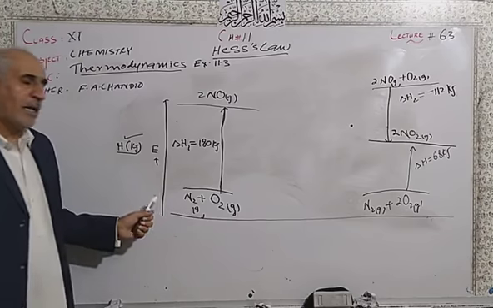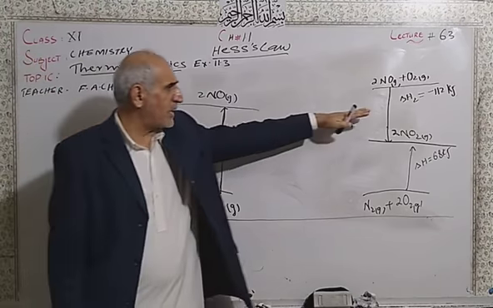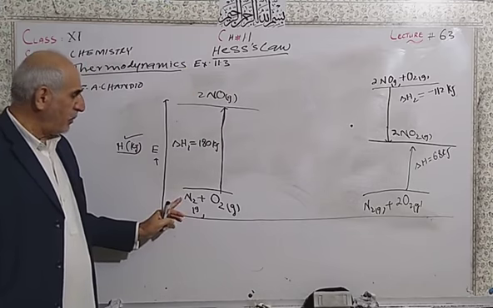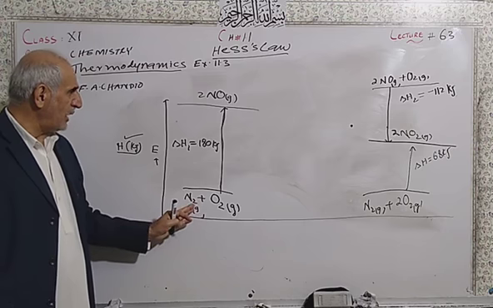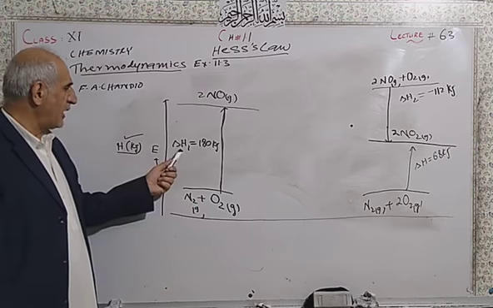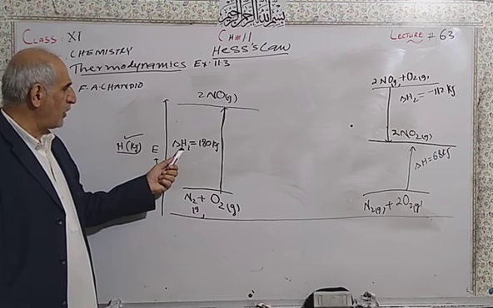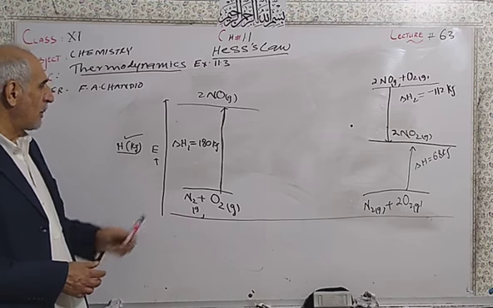Then this chemical reaction completes in 2 steps, this is the first step and this is the second step. In step 1, nitrogen gas plus oxygen gas, 1 mole each, form 2 moles of nitric oxide, and this is the change in enthalpy 1, which is 180 kilojoules.